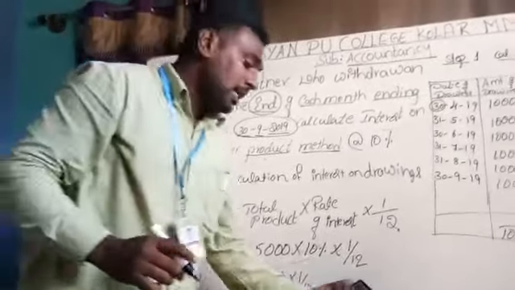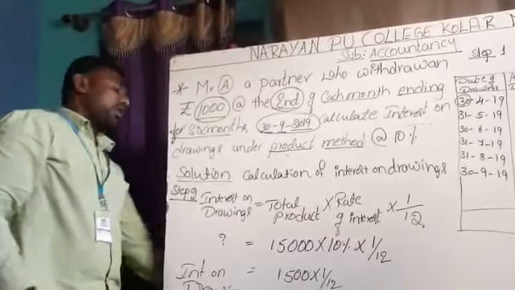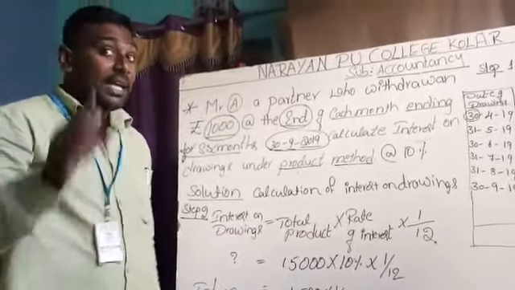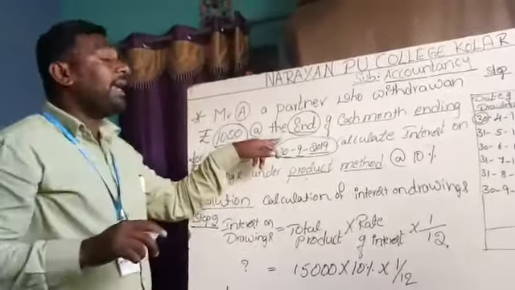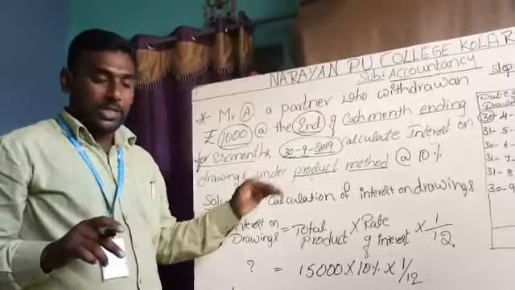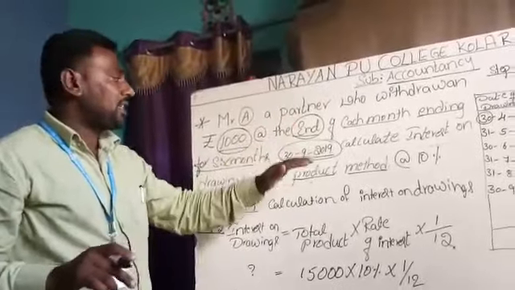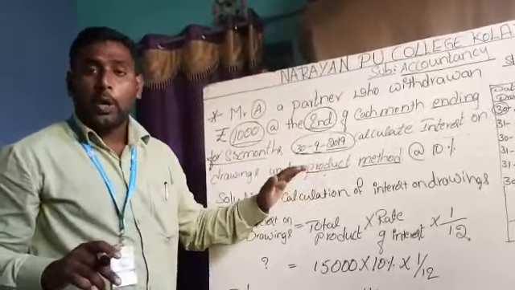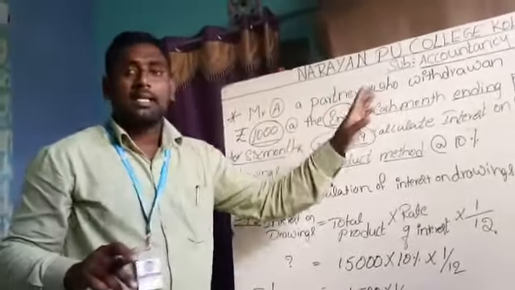So like this we have to calculate interest on drawings under the product method. If the partner has withdrawn at the end of the month, we have to calculate interest on drawings in this manner only. So this is the third sum.